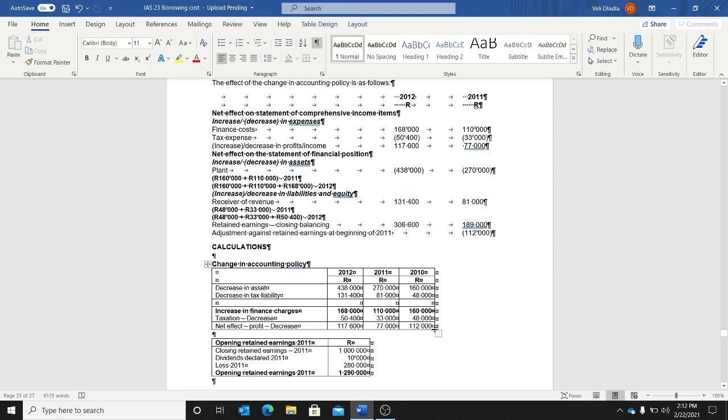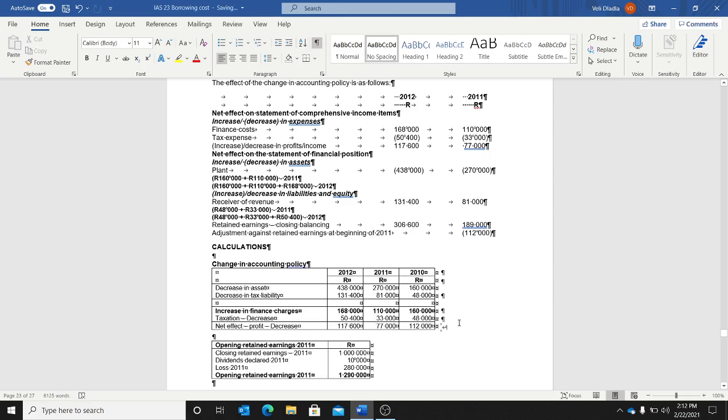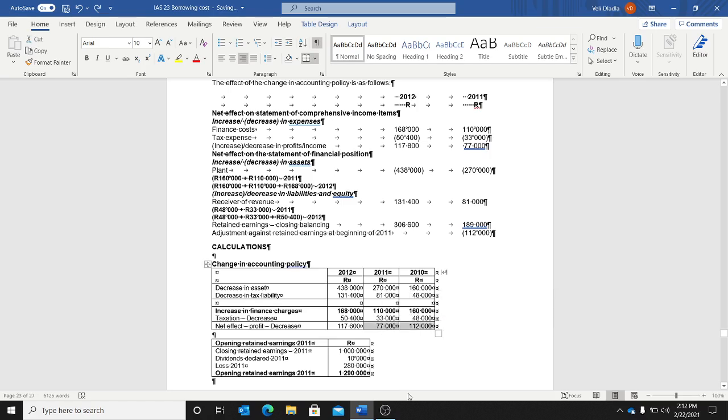So 112 plus 77. Right. So you see here, 112 plus 77 will give you the 189. Right, 189 plus 117,600. 189 plus 117,600 is 306,600.